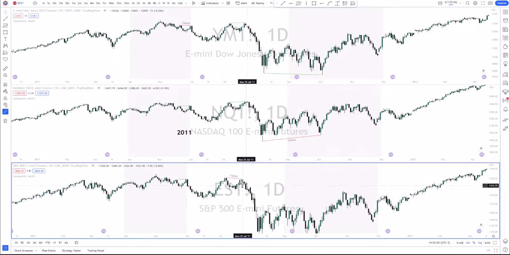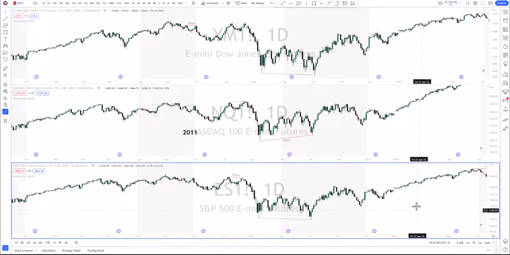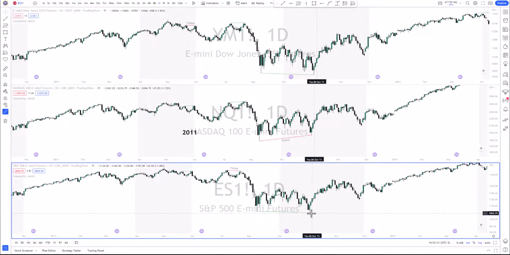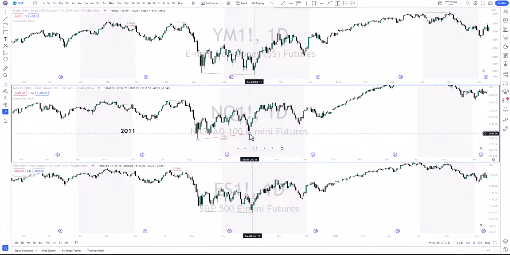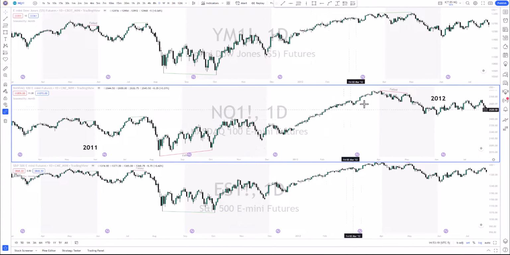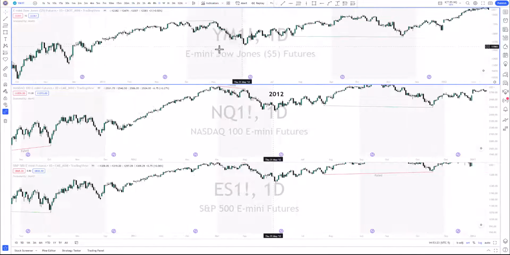And then we failed again with the ES around July, towards the end of July. And that was a nice move down into the September, October lows. So in the fall, we failed to make a lower low in the NASDAQ, and then we started to grind higher for the next 6 months. So that was a nice SMT there.